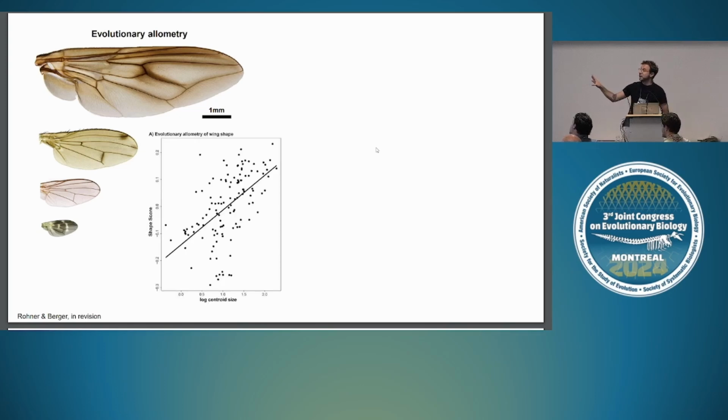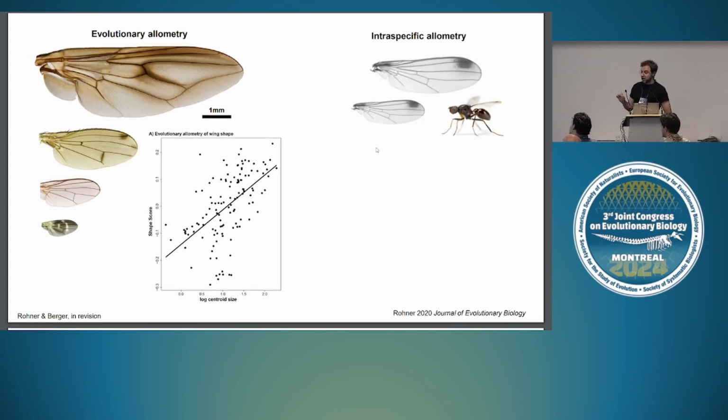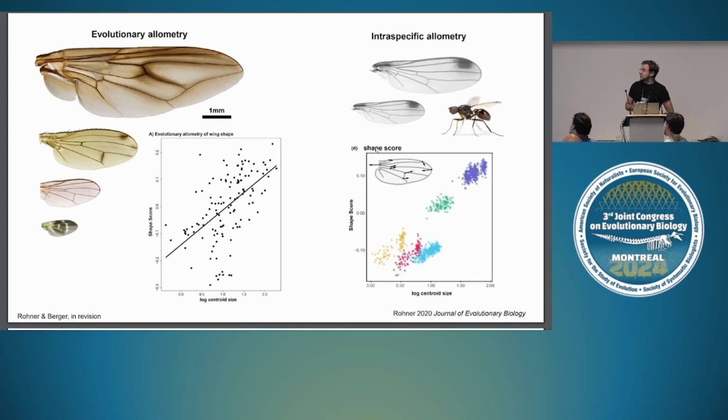This is a pattern that we see across different species, but we also see very similar patterns within species. Interestingly, the actual shape changes that we see across species mirror those that we see within species, suggesting that there's a shared, potentially functional constraint on all of those.